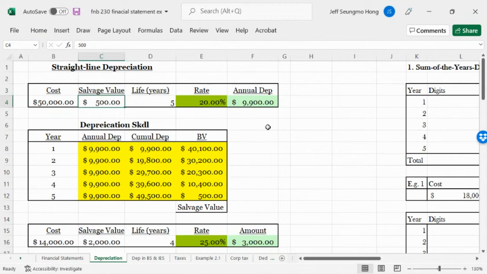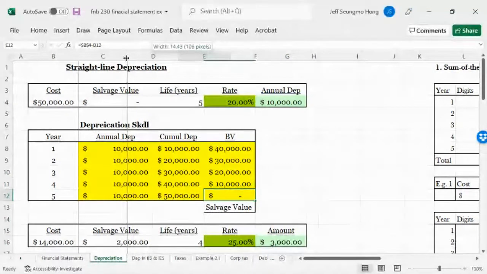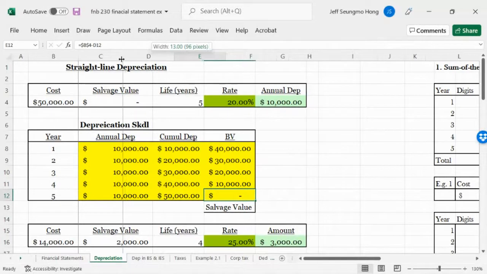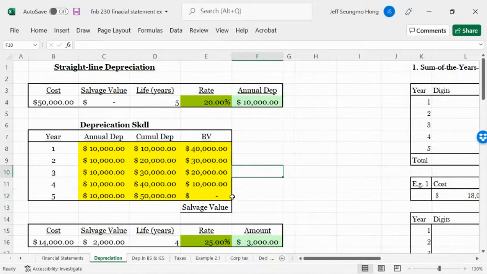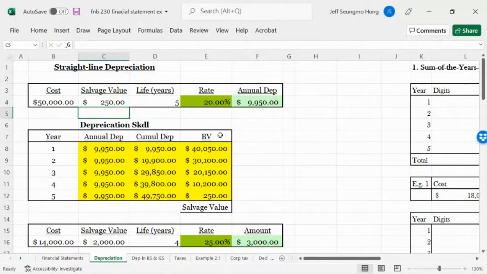Suppose the salvage value is 0, then it will adjust automatically. Whatever salvage value you give there, it will adjust automatically.